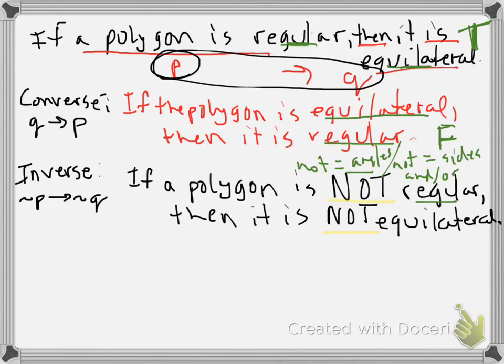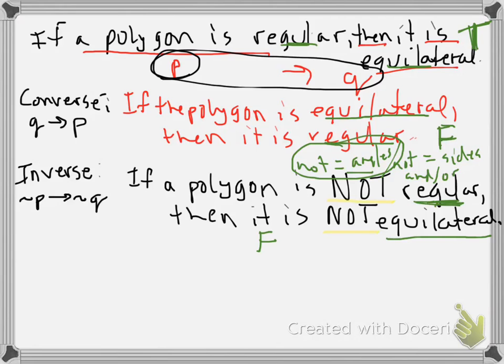If it's only equal angles, it's not regular. If it's only equal sides, it's not regular. Or if it's not equal angles or not equal sides, it's not regular. So you have three choices here. Well, it could be that you're equilateral, so you have equal sides, but you don't have equal angles. So this is actually a false statement as well.